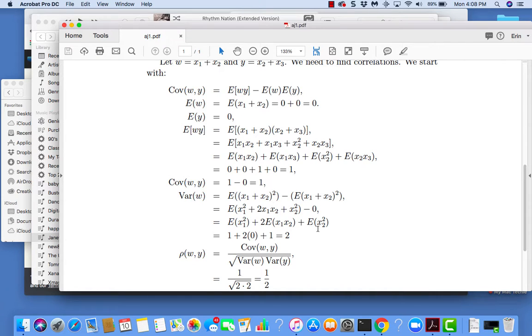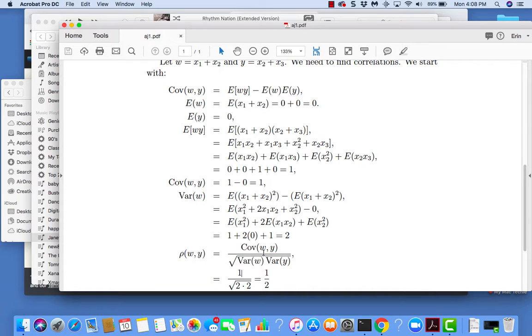And then I start putting these together. I have 1 plus 2 times 0, which is 0, plus 1 is equal to 2. So my variance of w is equal to 2, and the variance of y will be identical.